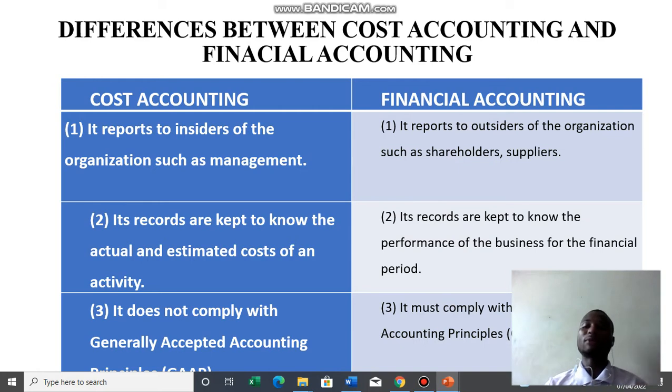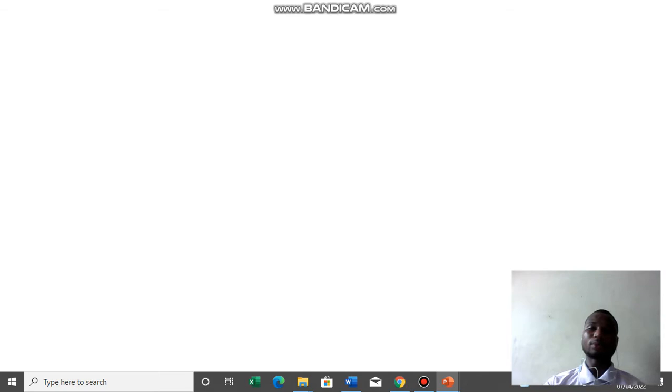So it's all about performance in terms of finances of the business. That is what financial accounting records are meant for. Now, cost accounting does not comply with the generally accepted accounting principles, which we call GAAP. Financial accounting must comply with the generally accepted accounting principles.